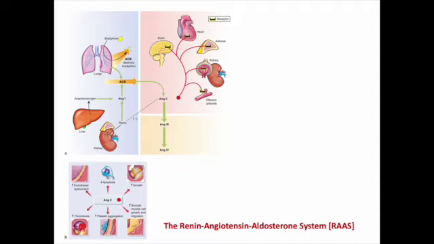Look at this diagram that explains RAS, which we talked about earlier. I want you now to take a minute, because you at this point should understand renin, angiotensin 1 converting to angiotensin 2, and aldosterone. How is this contributing to hypertension?